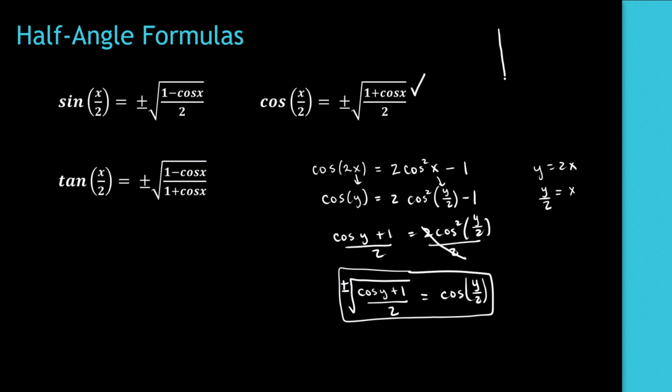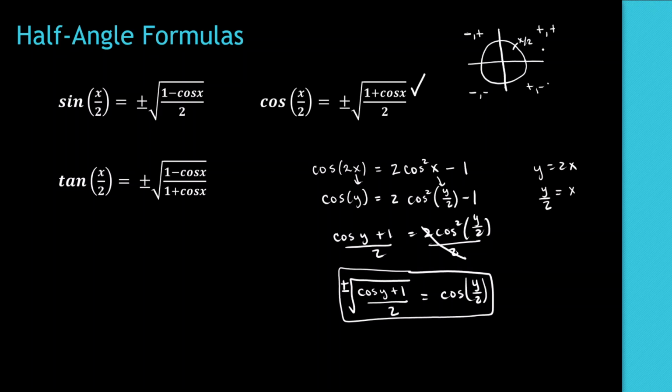Well, that one answer is determined by where on the unit circle we are. So whichever quadrant x over 2 is in will determine if I'm plus or minus, okay? Because we can remember the signs around the unit circle.